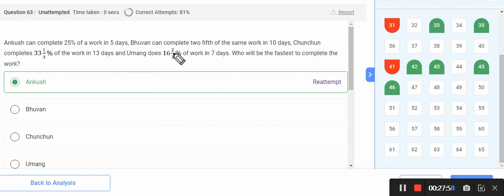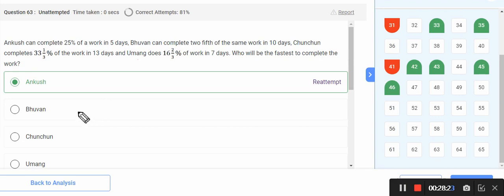So Bhuvan can complete 2/5 of the same work in 10 days. Chunchun completes 1/3 of the work, this is 33%, in 13 days, and Umang does 1/6 of the work, because 16 2/3% is 1/6, right?